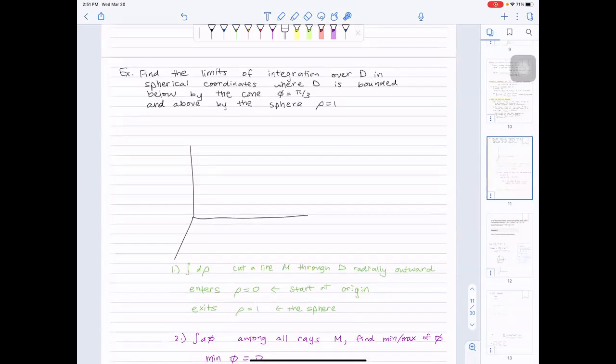Could phi be negative pi over 3 for the other side of the cone? Negative pi over 3, in absolute value, is equal to pi over 3. You want to see what is the smallest angle you can make with the z-axis. The smallest angle is still 0. Negative pi over 3 as an angle is still a large angle, so our lower bound is still 0.